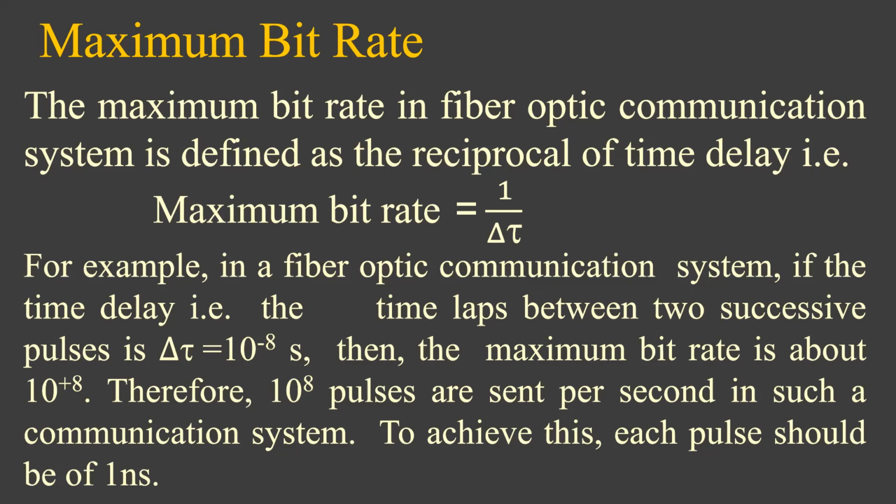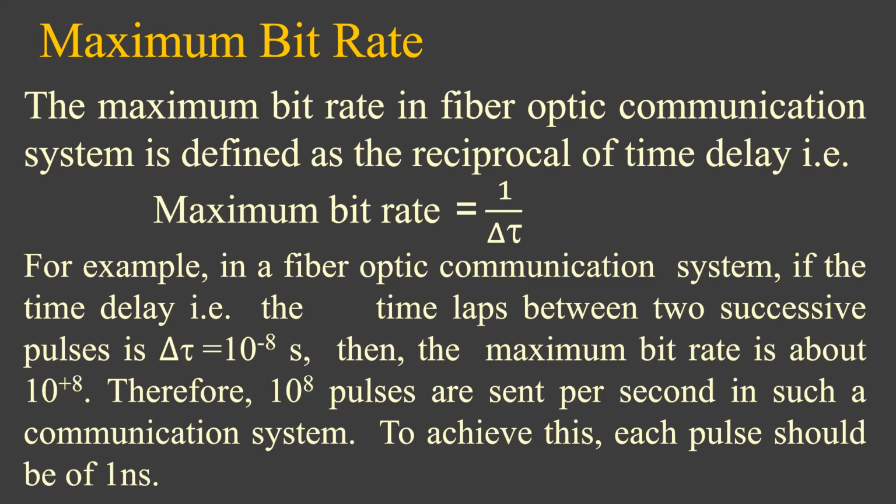then the maximum bit rate is about 10 to the power plus 8 per second. So therefore, 10 to the power 8 pulses are sent per second in such a communication system.